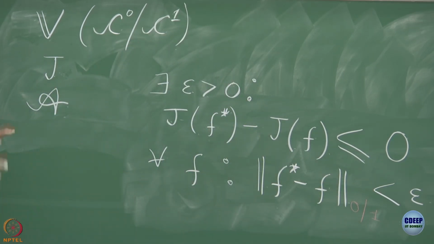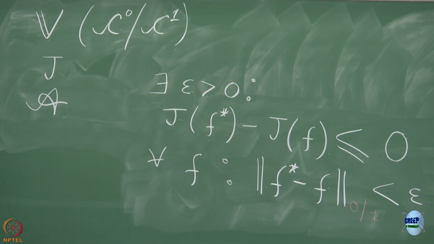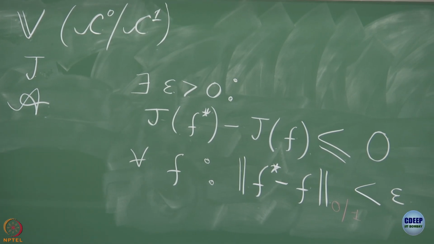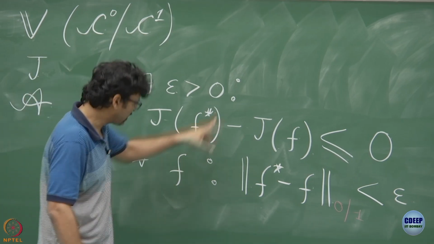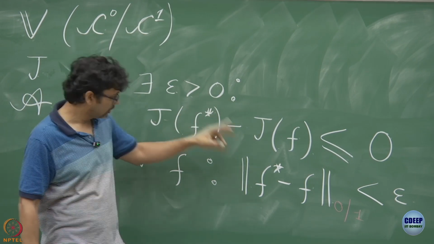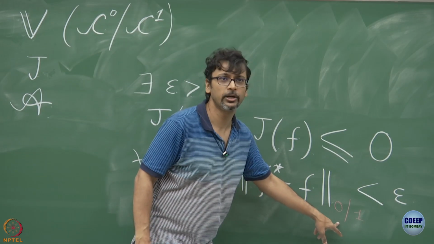If you found a small enough epsilon ball, whether it is a 0 ball or 1 ball, at this point I am not saying that. Depending on that, I will call it a strong or a weak extremal candidate, okay. But at least you found some epsilon, subject to a choice of a norm that you have already picked.